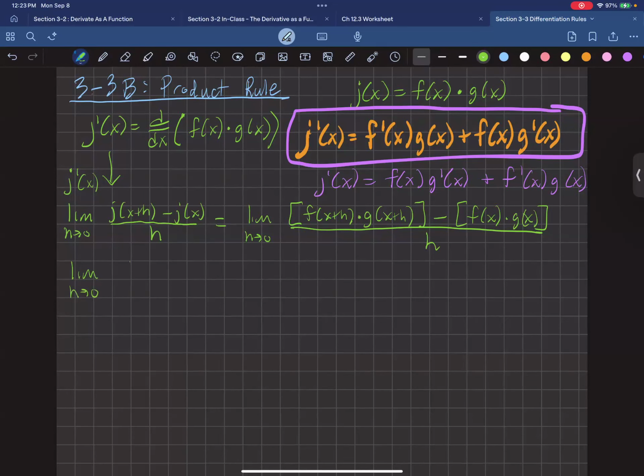So we have the F of X plus H times G of X plus H. And this is where the trick comes in. You're not going to like it. What we're going to do is subtract an F of X times G of X plus H, and then we're going to add it right back in.